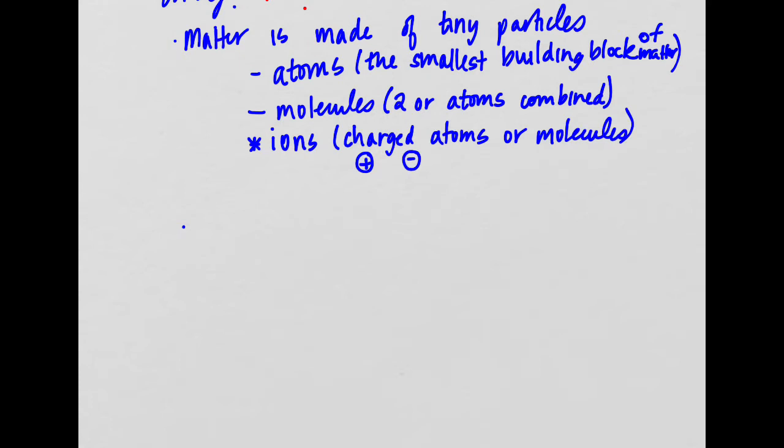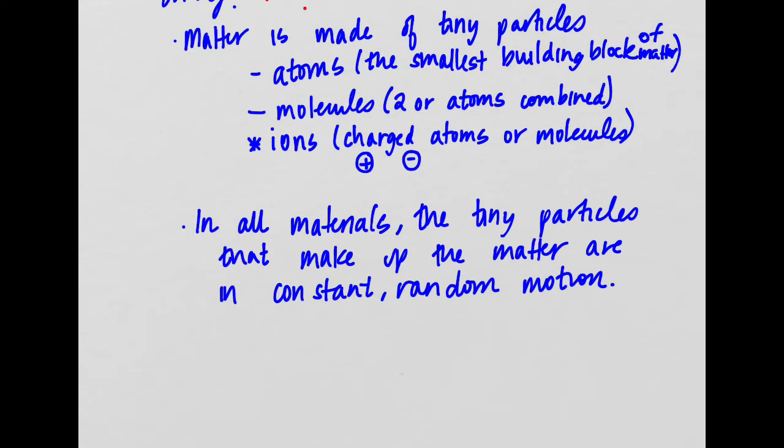They're always moving. Like I just said, in all materials, the tiny particles that make up the matter, meaning atoms, molecules, and ions, or a mix of the three, whatever the tiny particles are, they're constantly moving, and they're moving totally randomly.